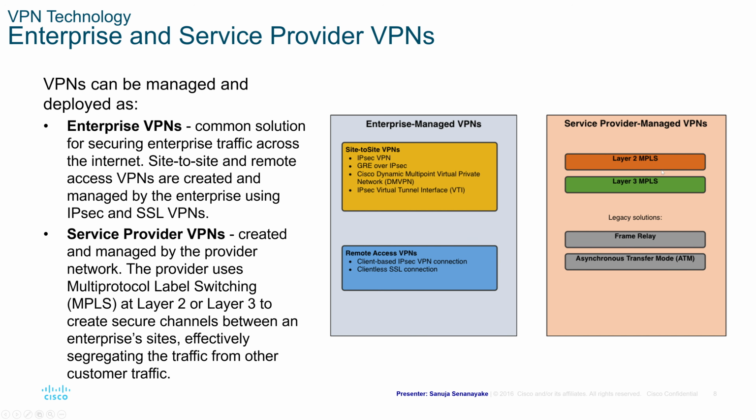It is layer 2 MPLS or layer 3 MPLS. Either would work. Also, the legacy solution would be Frame Relay and ATM, which I would not think would be used in 2022, but you should know they do exist. These are the enterprise and service provider VPNs. Those are the two types you should be familiar with.